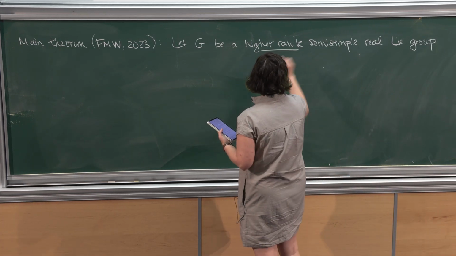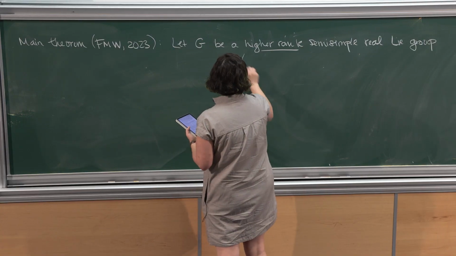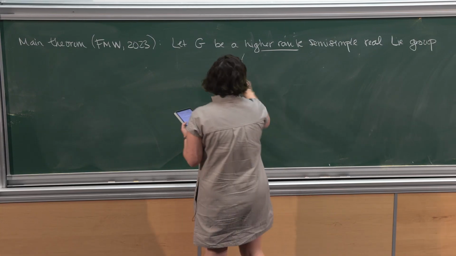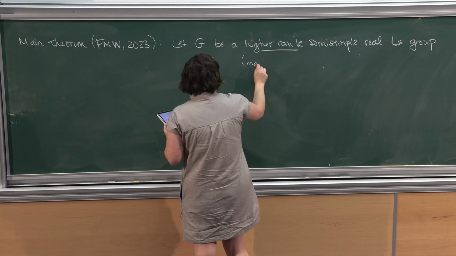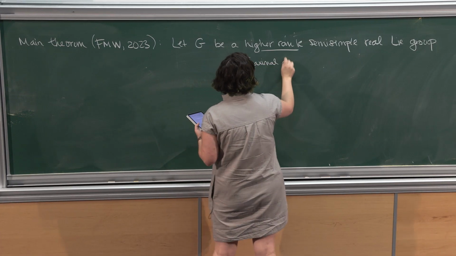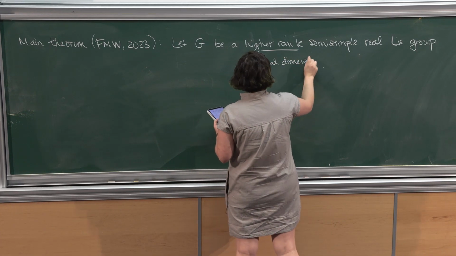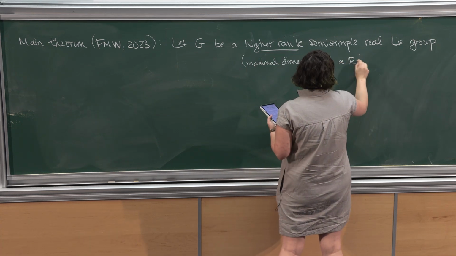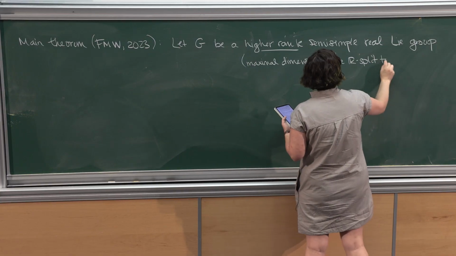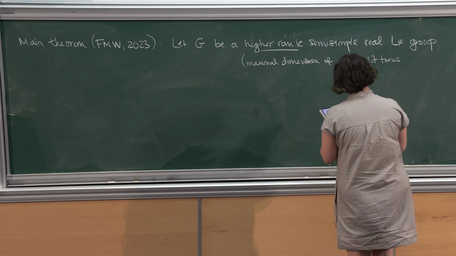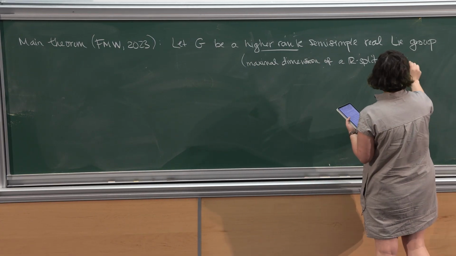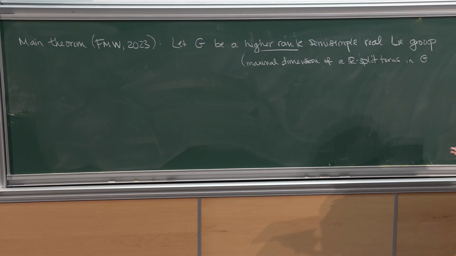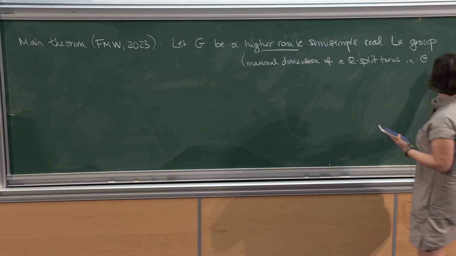So higher rank, the rank part is just the maximal dimension of an R-split torus in G. And the fact that it's higher rank means that this maximal dimension is at least 2.